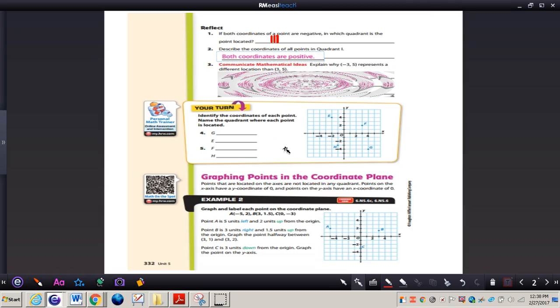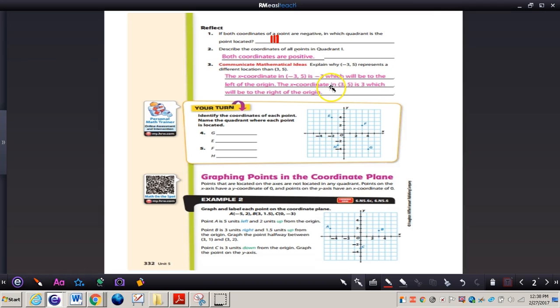It says explain why point (-3, 5) represents a different location than point (3, 5). So we can see that the x-coordinate in point (-3, 5) is -3, which will be to the left of the origin. Remember, whenever we start out negative, we go to the left of the origin.